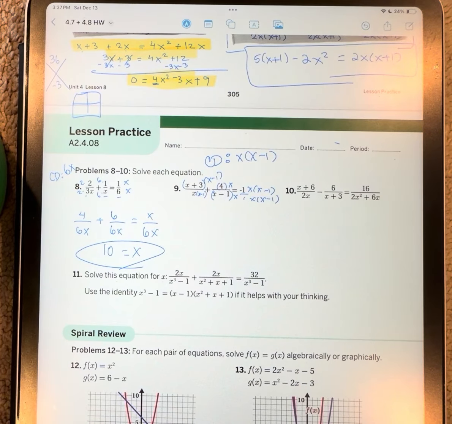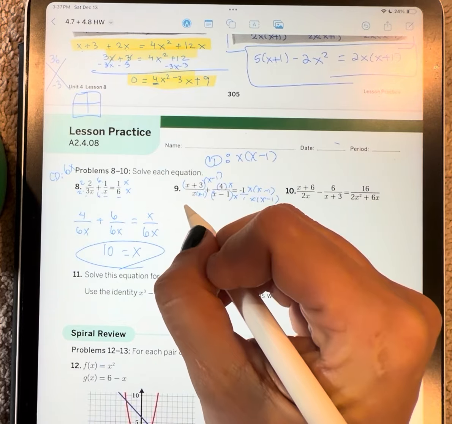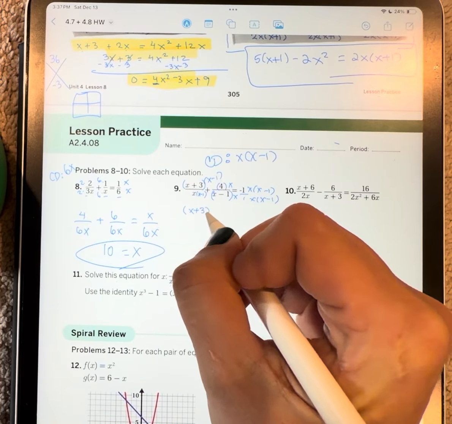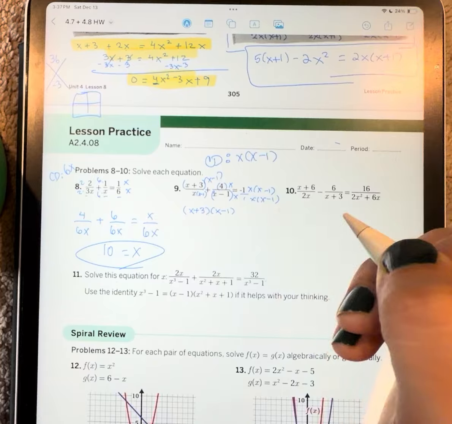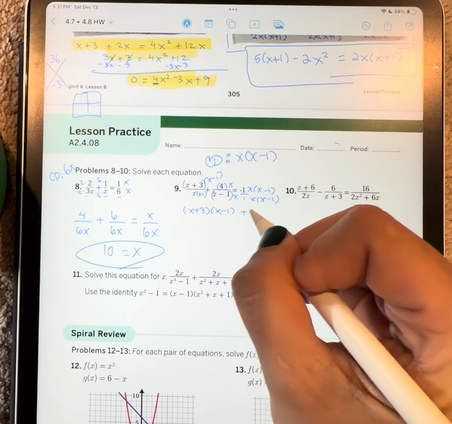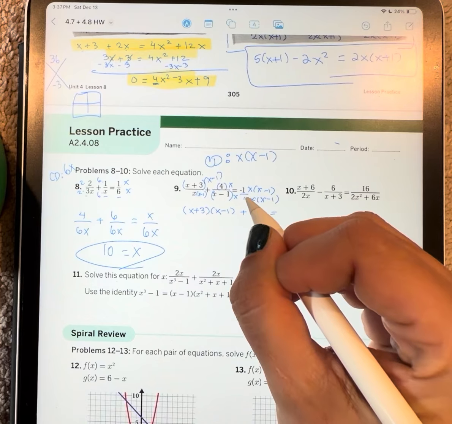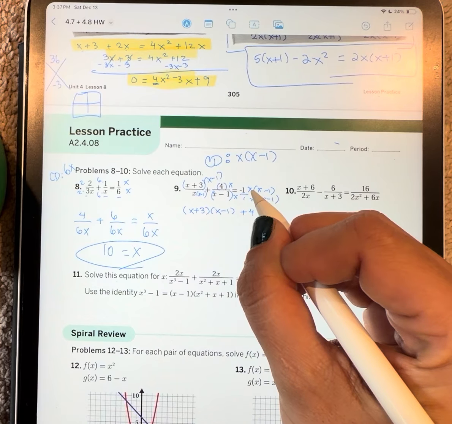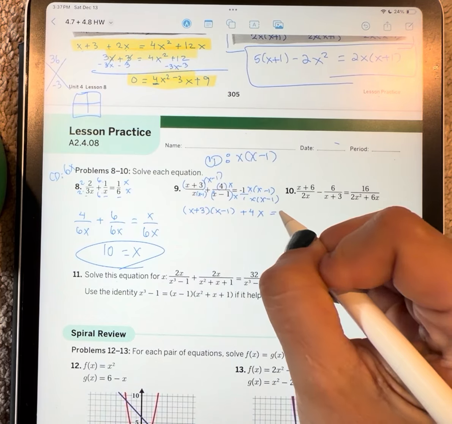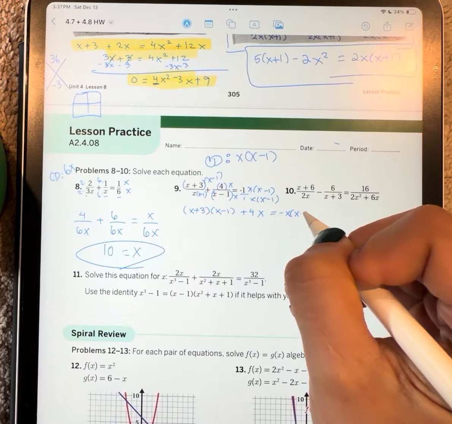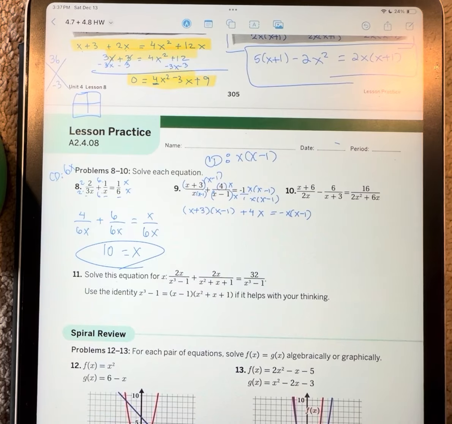So now everybody has a common denominator, but my numerators are x plus 3 times x minus 1 here, plus 4x here, and then minus 1x times x minus 1. So minus x times x minus 1 here.